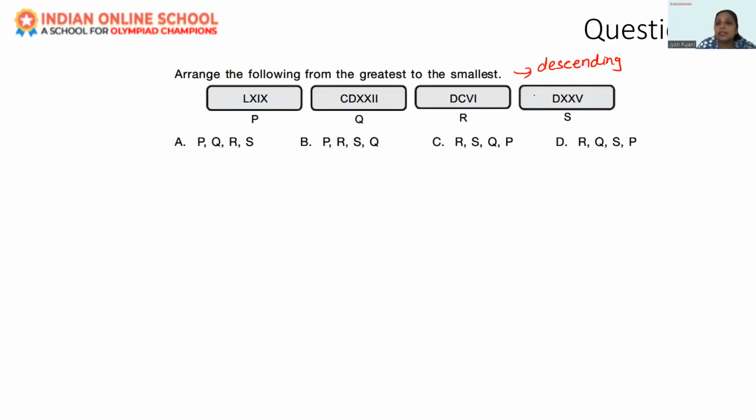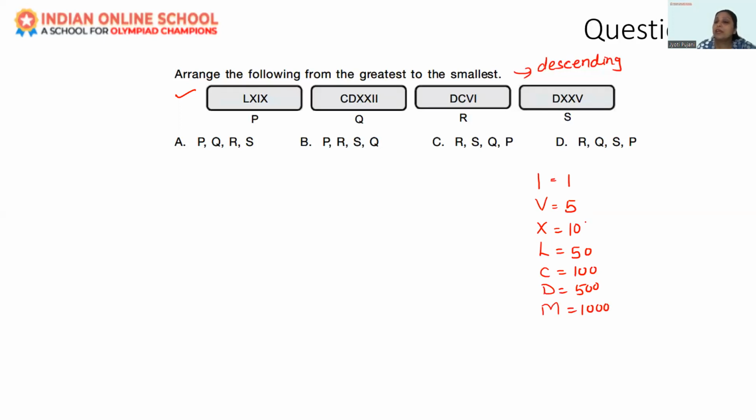As we can see, these are all Roman numbers. You must have read about Roman numbers in level 1. I is counted as 1, V is for 5, X is for 10, L is for 50, C is for 100, D is for 500, and M is for 1000.